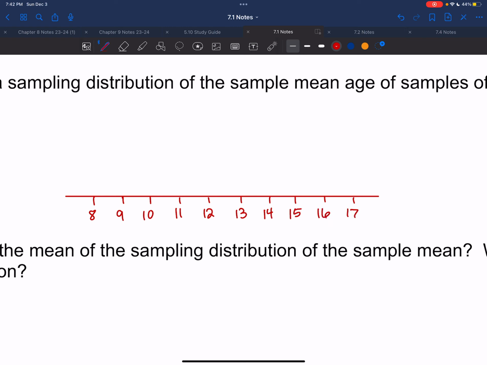Okay, and then I'm going to put a dot for each one. So I've got 1 dot on 8, and then 2 on 11, 12, and 13. And then 15, 16, and 17. And last thing I got to do is give it a title. So this represents a sampling distribution of X bar.